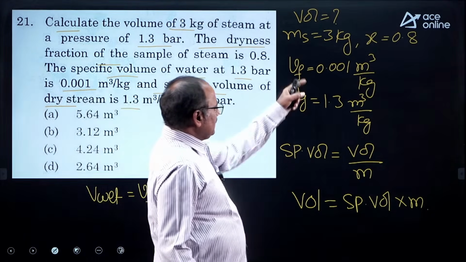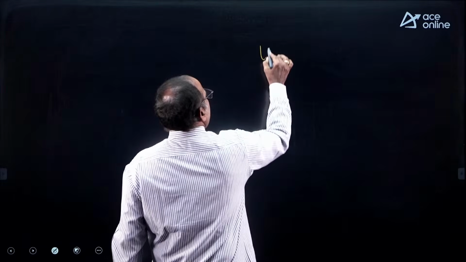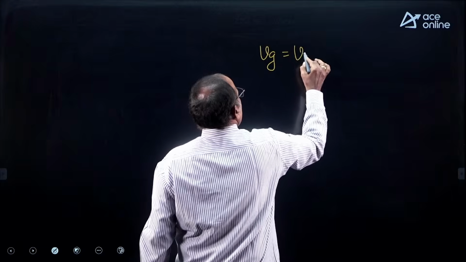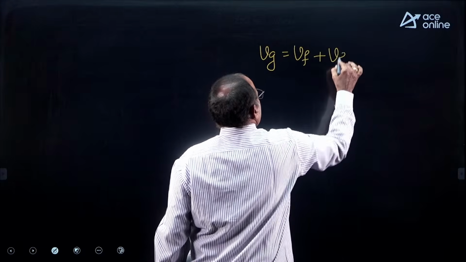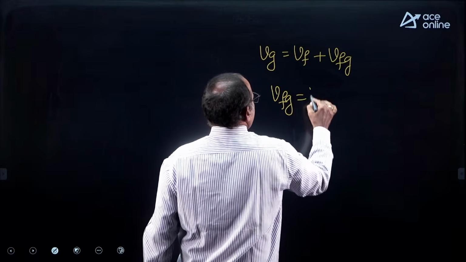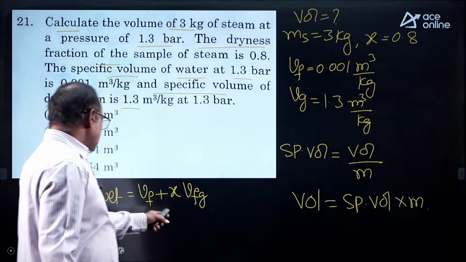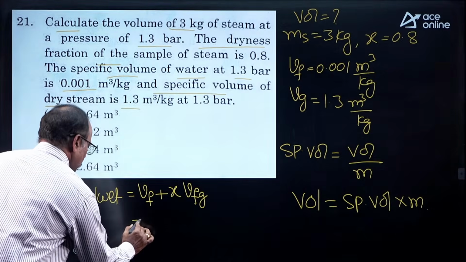Vg is given, Vf is given, Vfg you need to find. As you know, Vg equals Vf plus Vfg. From this you get Vfg equals Vg minus Vf.